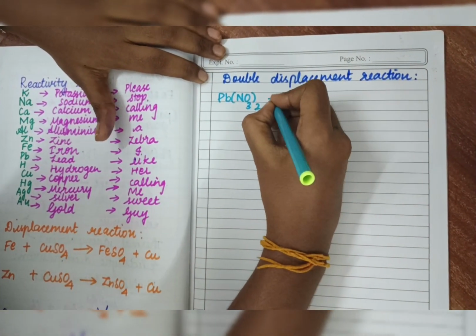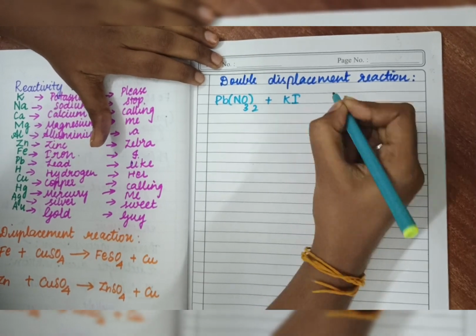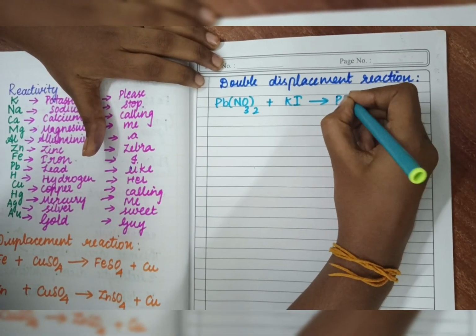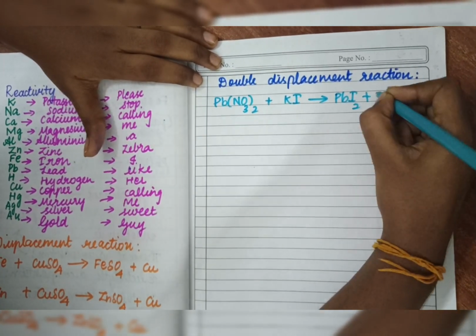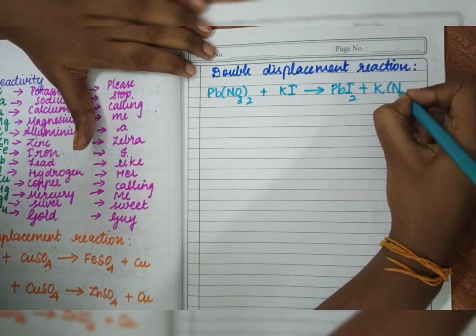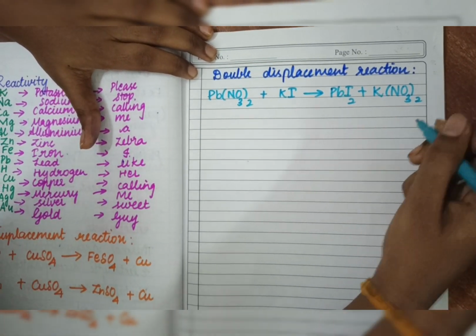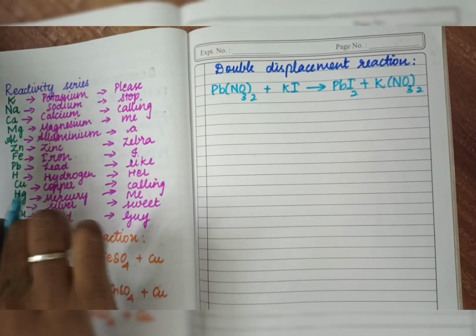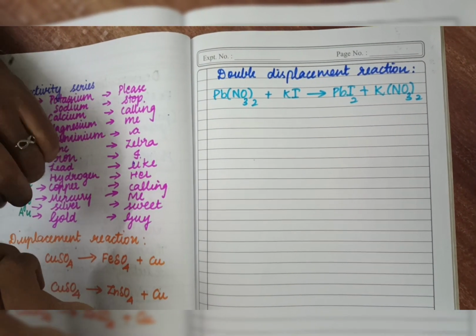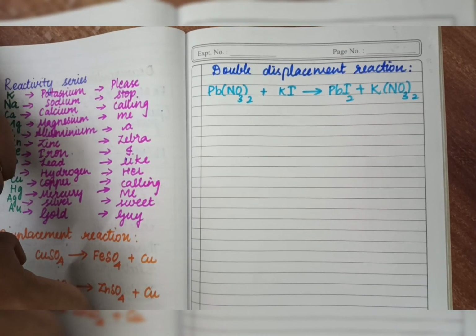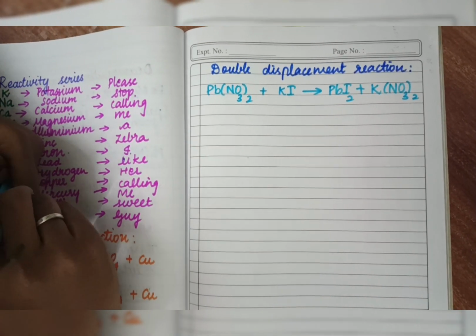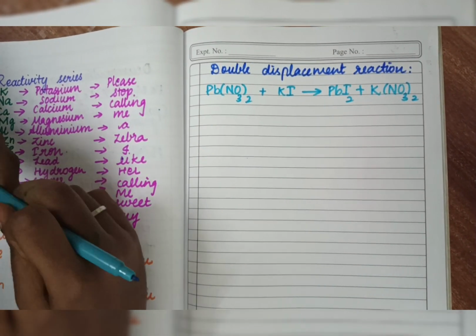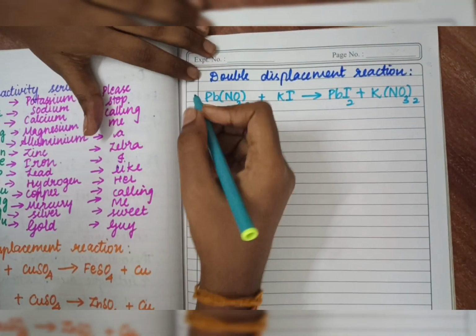Yes. Lead nitrate reacting with potassium iodide gives lead iodide and potassium nitrate. Don't forget to balance this equation. For most of the equations, I may not balance, but you should always remember whenever you write an equation it must be balanced and state symbols must be written.